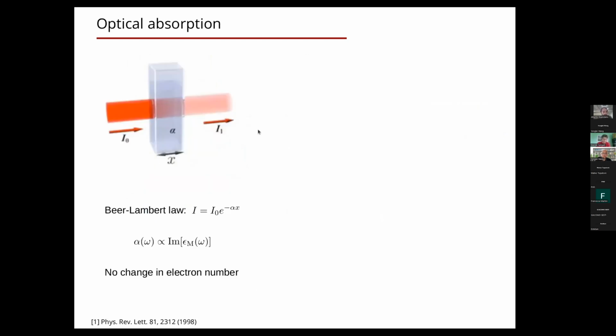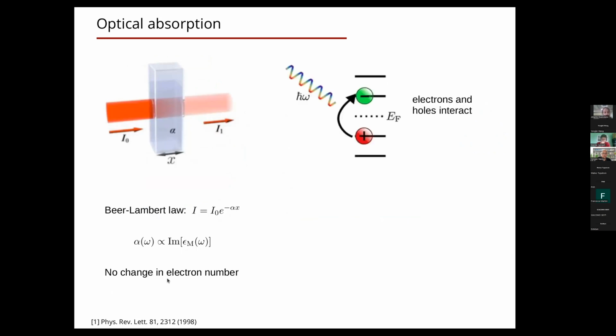So talking instead about optical absorption, we have the famous Beer-Lambert law, and the exponent in this law is proportional to the imaginary part of the macroscopic epsilon. And as the excited electron does not move far away from the sample, we have a neutral excitation, and in general, the electron can interact with the hole it left behind.